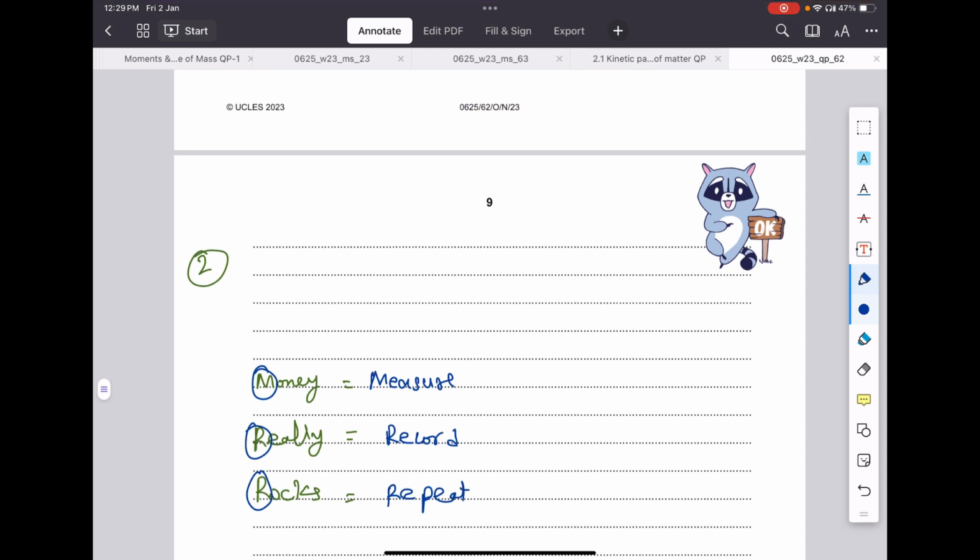Now, in the second part, I can explain this experiment.